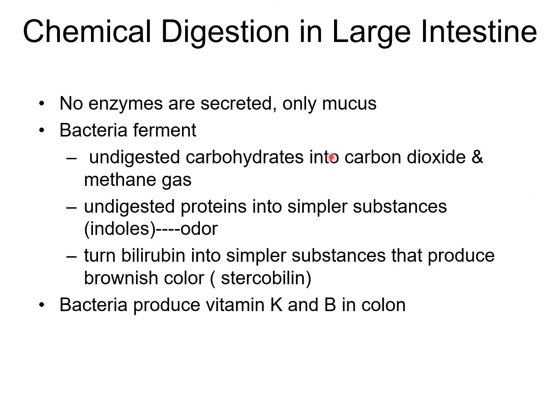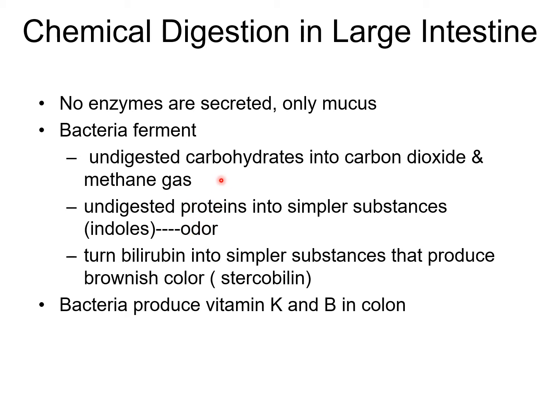When it comes to chemical digestion, we have a simple task here because we are not adding new human enzymes. Mucus secretion is very, very high, providing lubrication. Chemical digestion, degradation of organic nutrients, is done by bacteria. And here's a list of what these bacteria do.